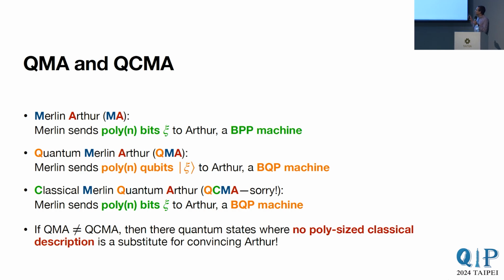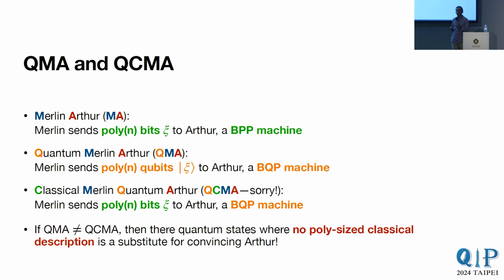Again, this should be review, but just so we're all on the same page: the classical complexity class Merlin-Arthur is where you have a polytime machine called Arthur. He can flip random coins. He's like a BPP machine, and he wants to decide some language, and he gets help from Merlin.